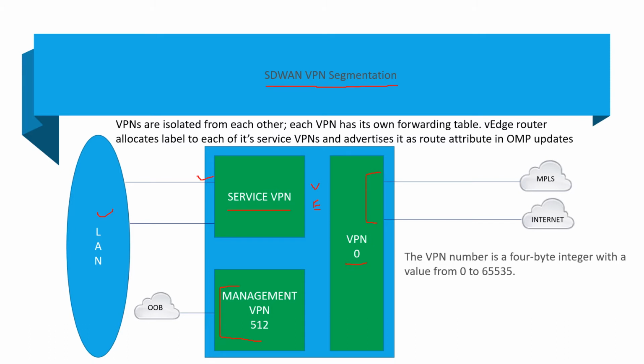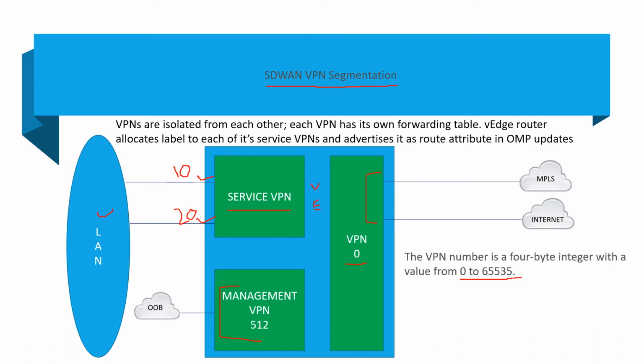If this is my interface, and this is another interface which is LAN facing, I can say this interface is part of VPN 10, and this interface is part of VPN 20. The VPN number is a 4-byte integer with a value of 0 to 65535.